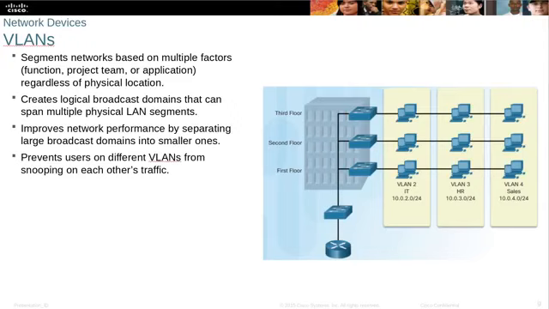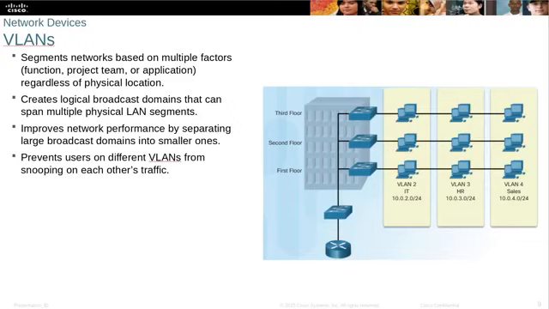So in other words, we can have a VLAN 2, which is the IT VLAN, and switches on the first floor, second floor and third floor can all have ports in VLAN 2, ports in VLAN 3 and ports in VLAN 4.